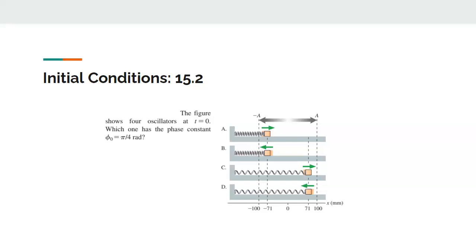And we had this example here of trying to identify which of these 4 spring mass systems has a phase constant of pi/4 radians if this picture is of them at a time of 0 seconds. So these images are the initial conditions. They show where the mass is located at time 0, and they tell us which direction it's moved. And those 2 pieces of information are enough to find the phase for one of these spring mass systems.